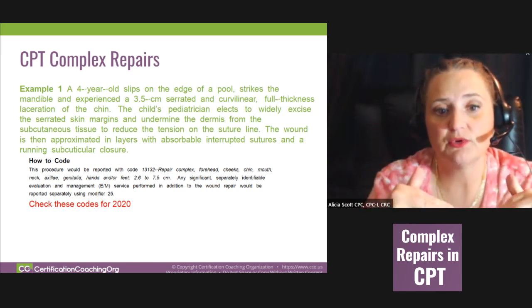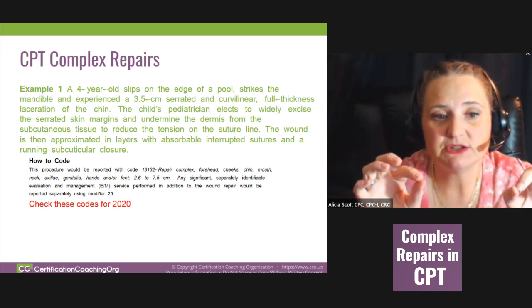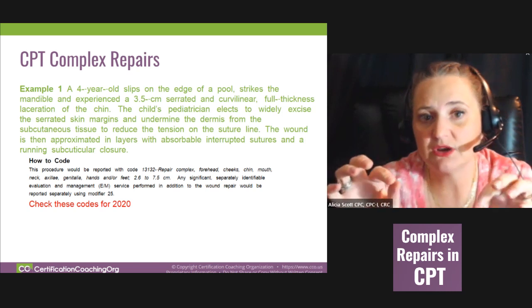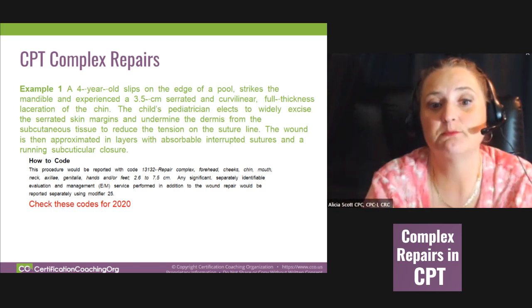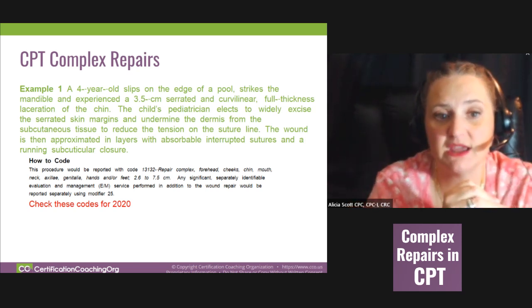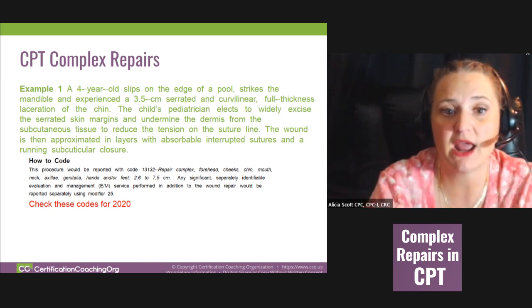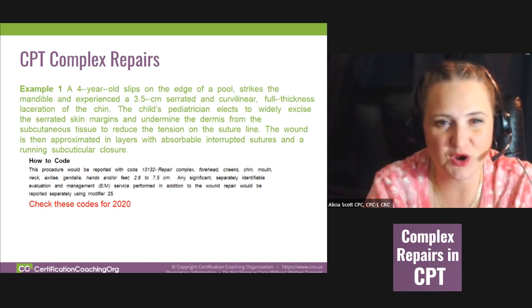So let me go through, and normally I don't read things, but let me just read through the highlights of what should pop up off the page for you. One, we want to know what the etiology was, what the external cause was, what happened. So of course we have a 4-year-old.